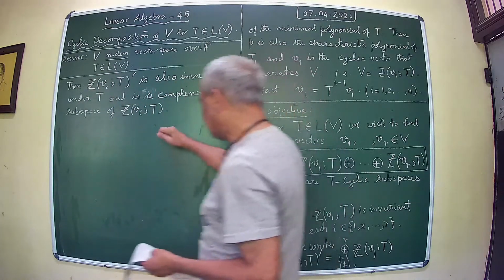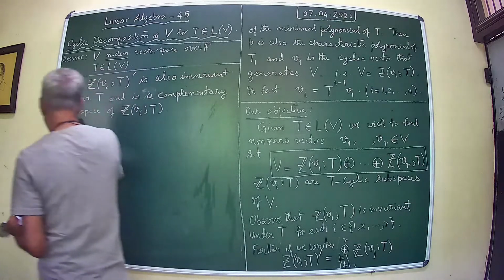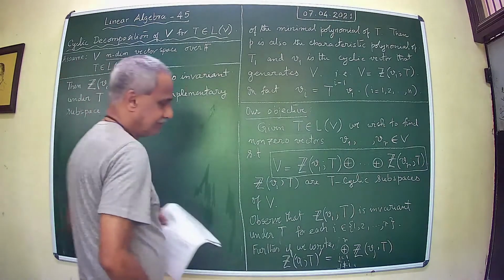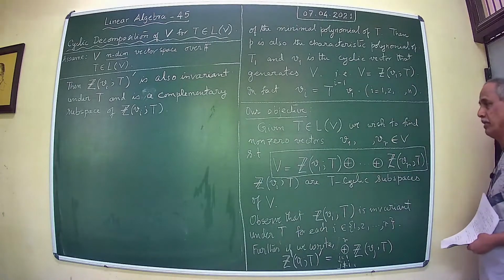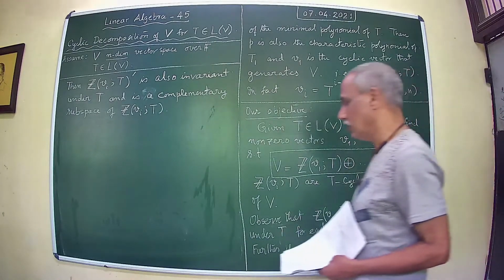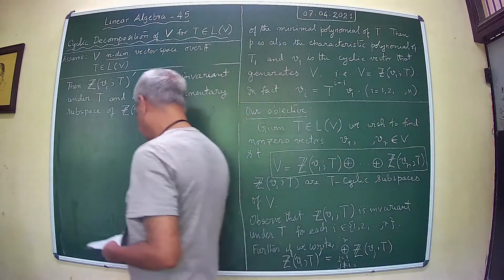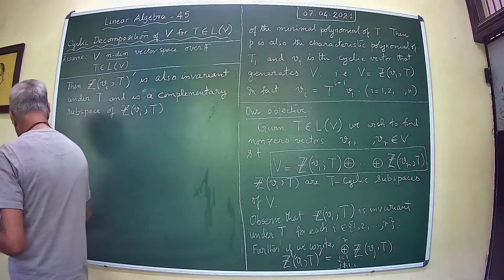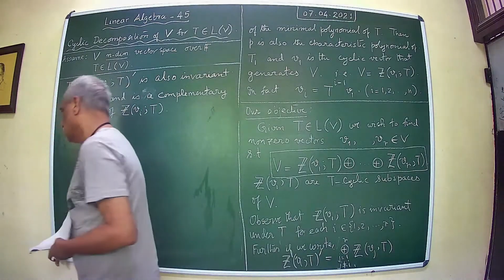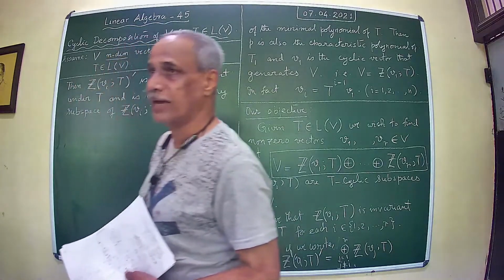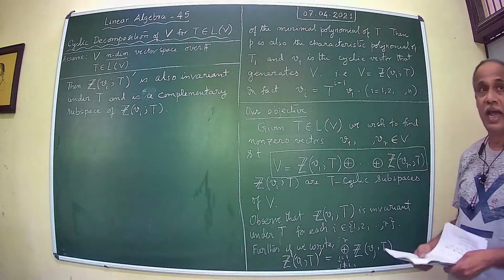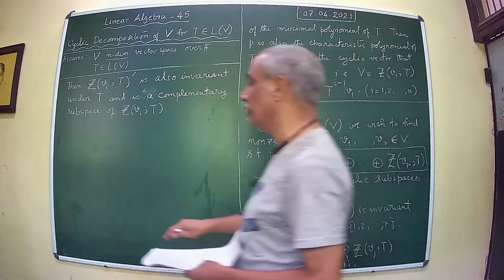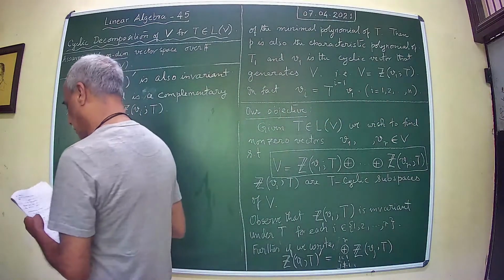So essentially our problem is the following. Suppose W is an invariant subspace of T. Can you find a W prime with the property that W direct sum W prime equals V and W prime is also invariant? So the problem is this.